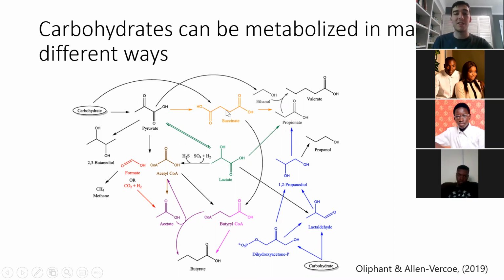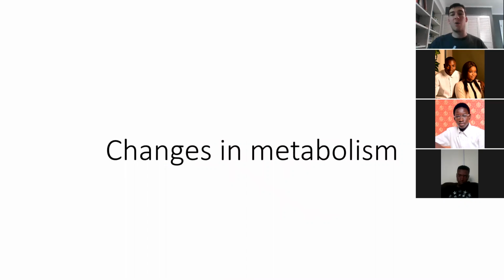It can go over here to succinate, which can be converted to propionate, valerate, acetate, butyrate, all these different molecules. I just want to put it out there that in a given type of bacteria, there is the capacity to produce a lot of different byproducts from its sugar. In the next section, we will talk about what drives those changes.